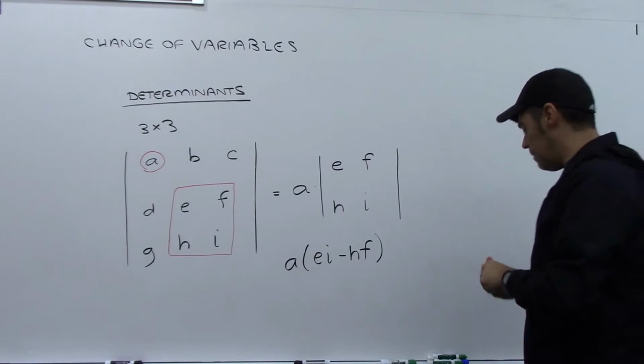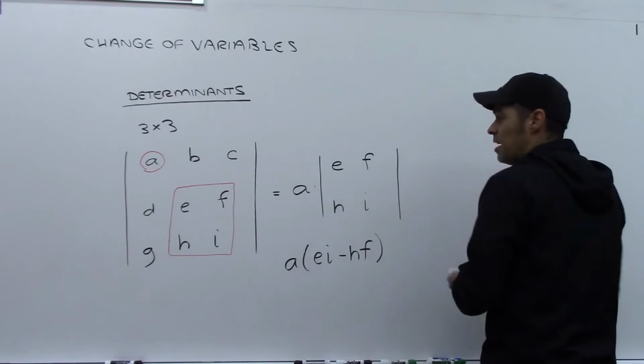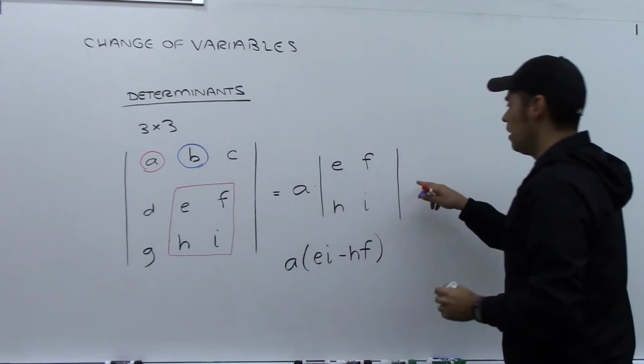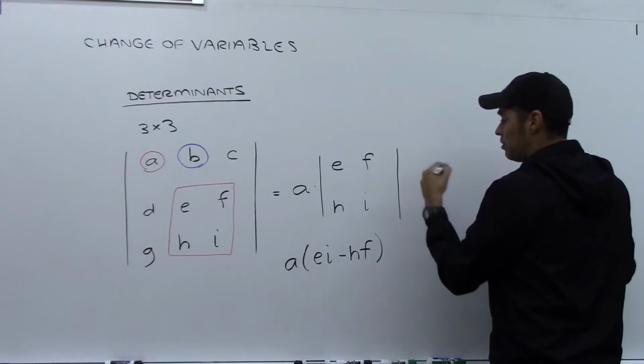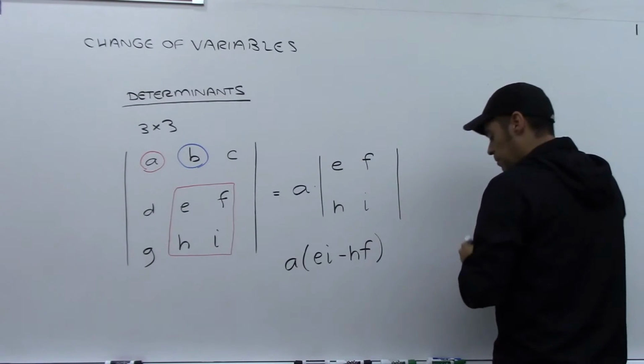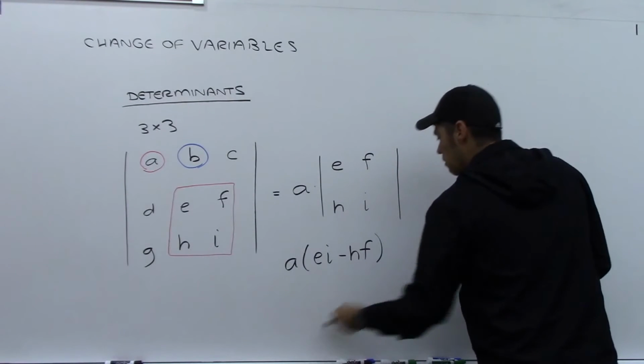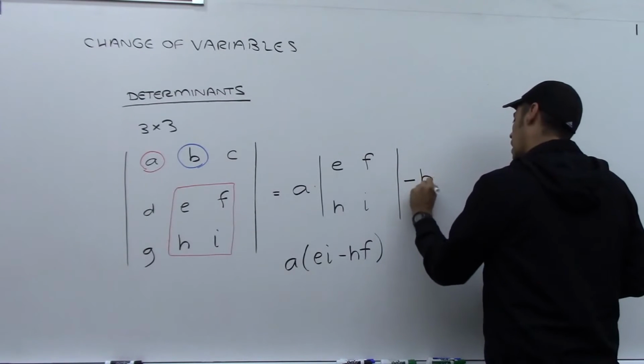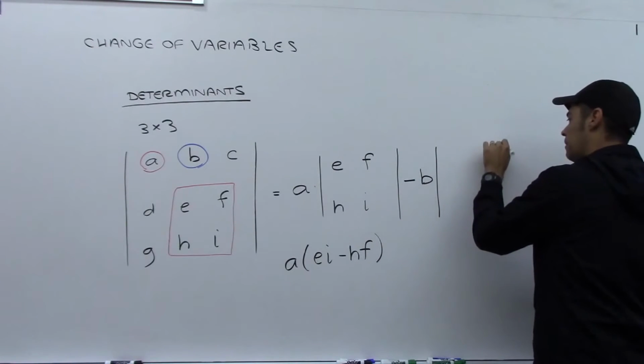The second step is that we're going to do the same thing for B. But instead of putting positive B here, we actually do the opposite. So we're going to go minus B, times another determinant.